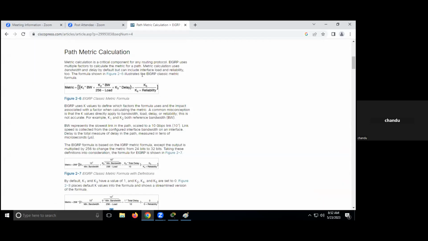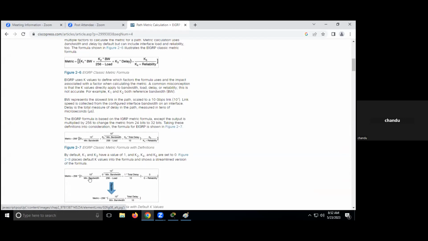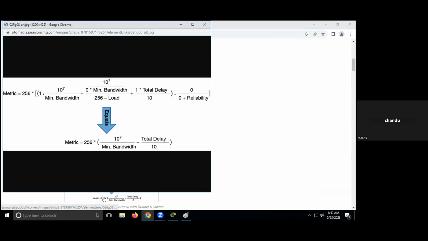Metric is equal to 10 power 7 divided by bandwidth plus load, delay, then reliability, into 256. But since the K values are set to 0, it is 256 times 10 power 7 divided by bandwidth, plus total delay divided by 10.